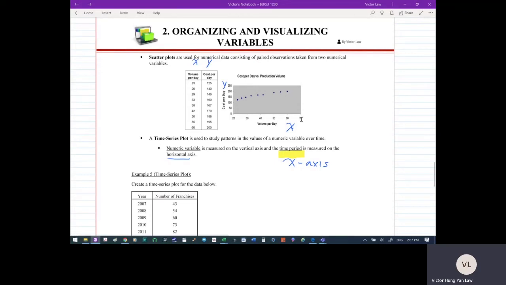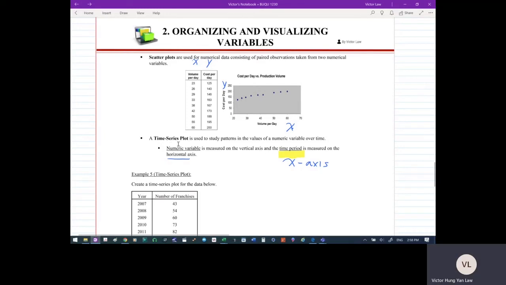Volume per day is your x, on the x-axis, and cost per day is your y. Each row is a coordinate, and you plot these coordinates into the diagram. This is what a scatter plot looks like.